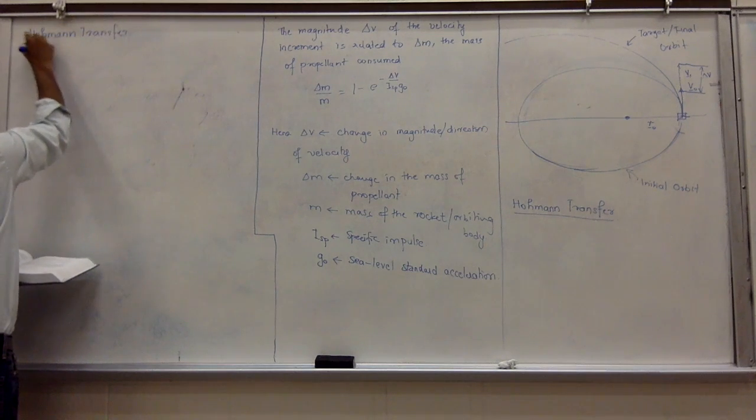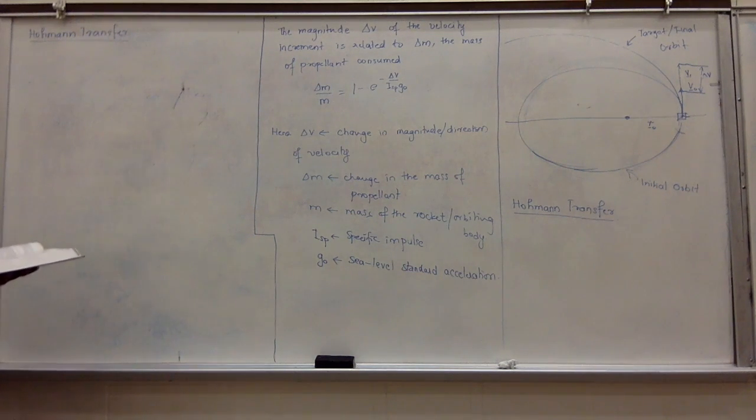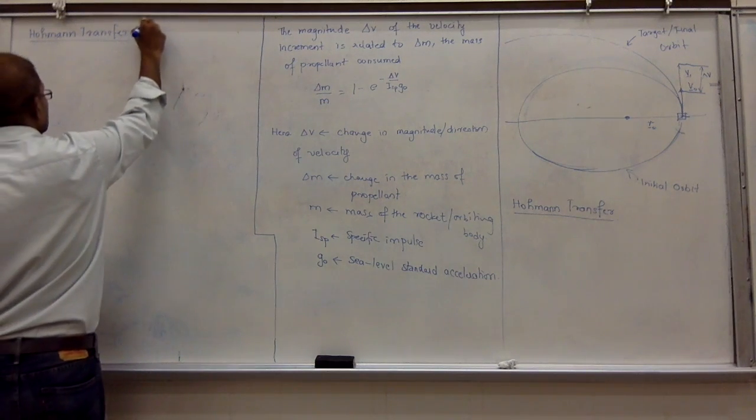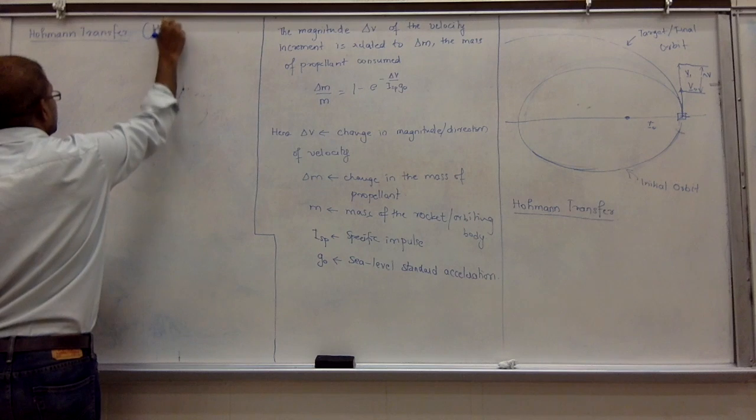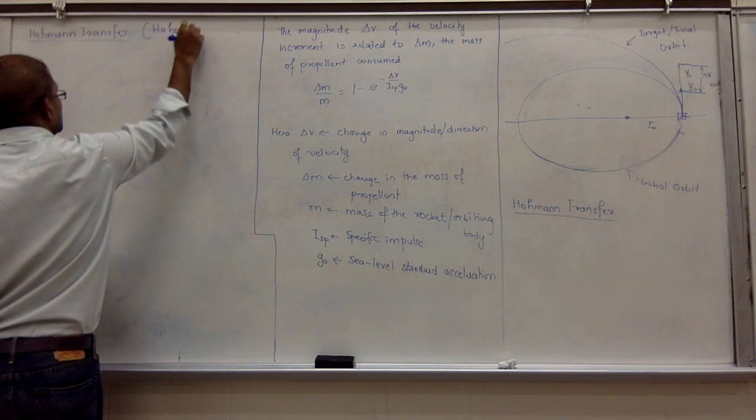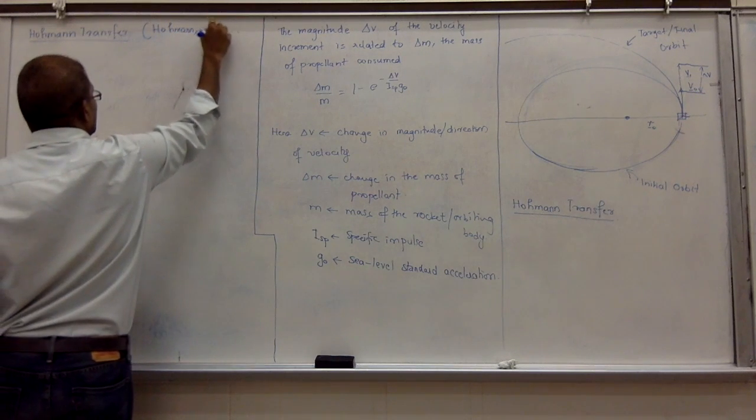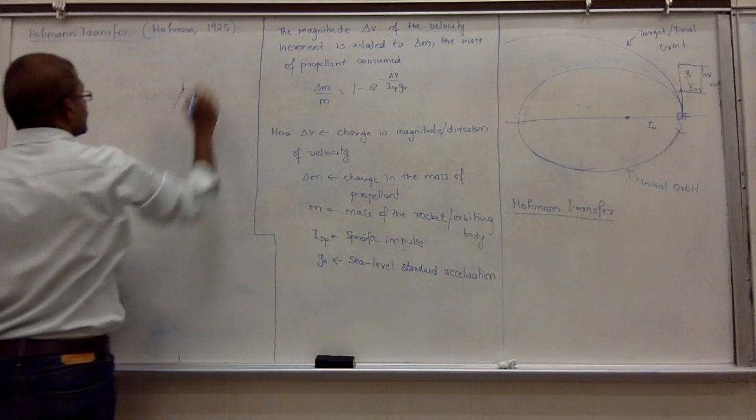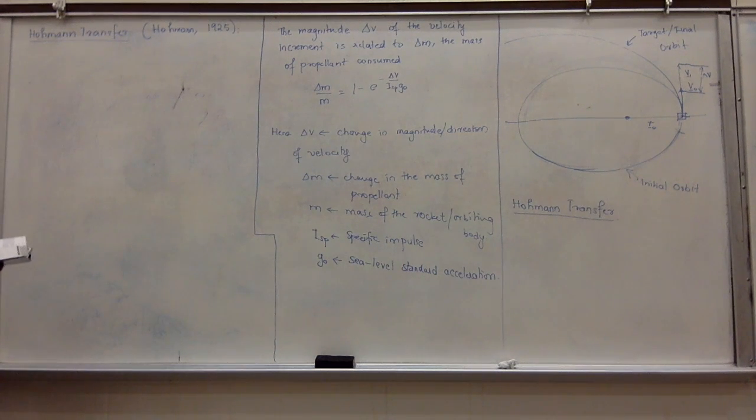By definition, this Hohmann transfer was discovered or proved by Hohmann in 1925. It has very high significance. All your moon missions have been possible because of Hohmann transfer.